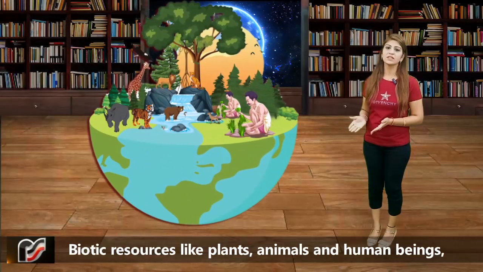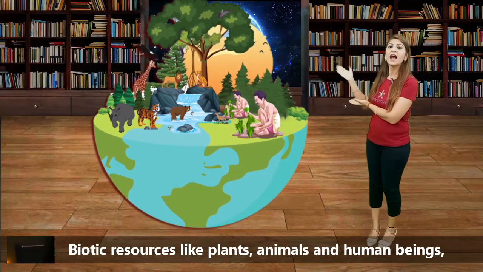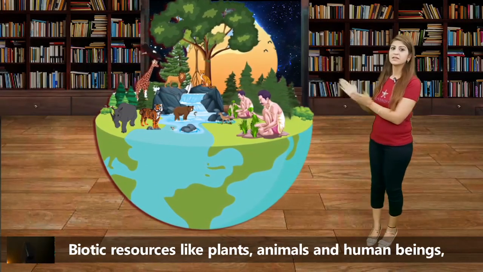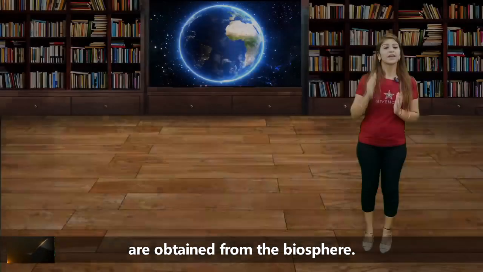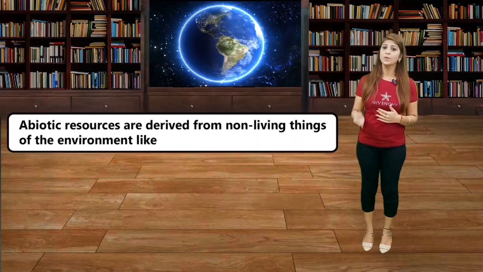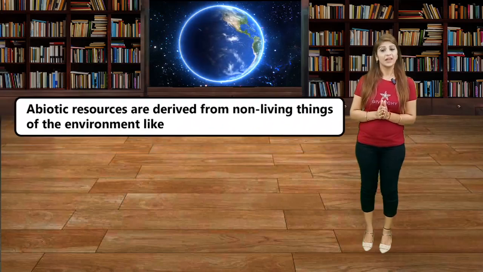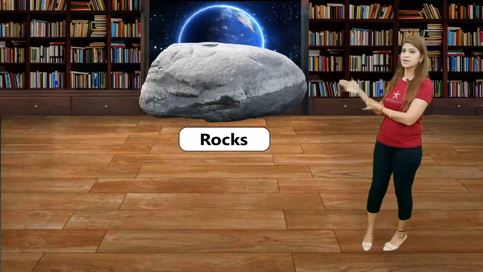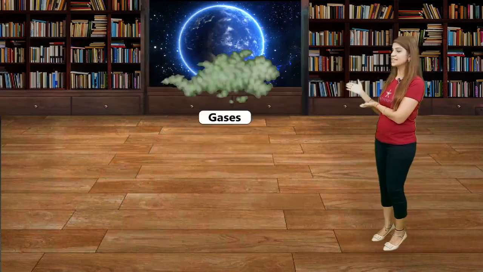Biotic resources like plants, animals, and human beings are obtained from the biosphere. Abiotic resources are derived from non-living things of the environment like rocks, minerals, mountains, gases, etc.